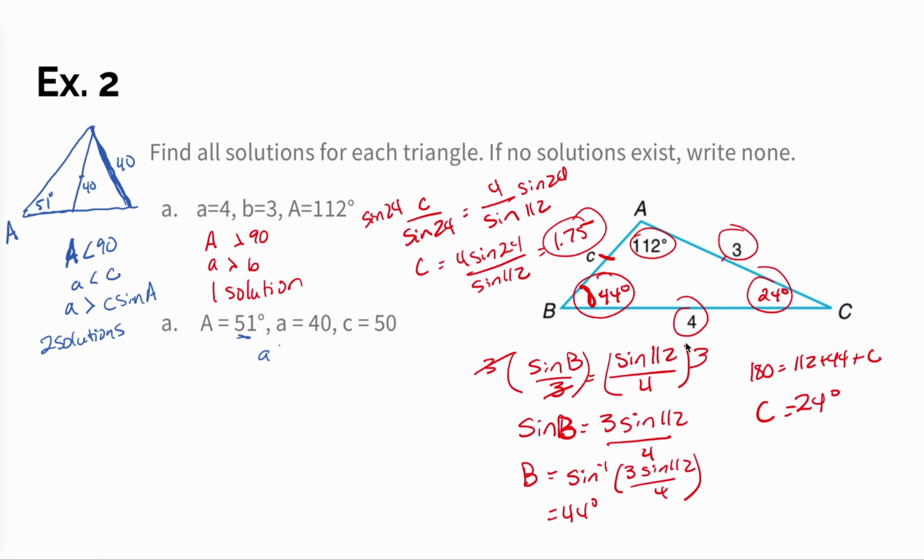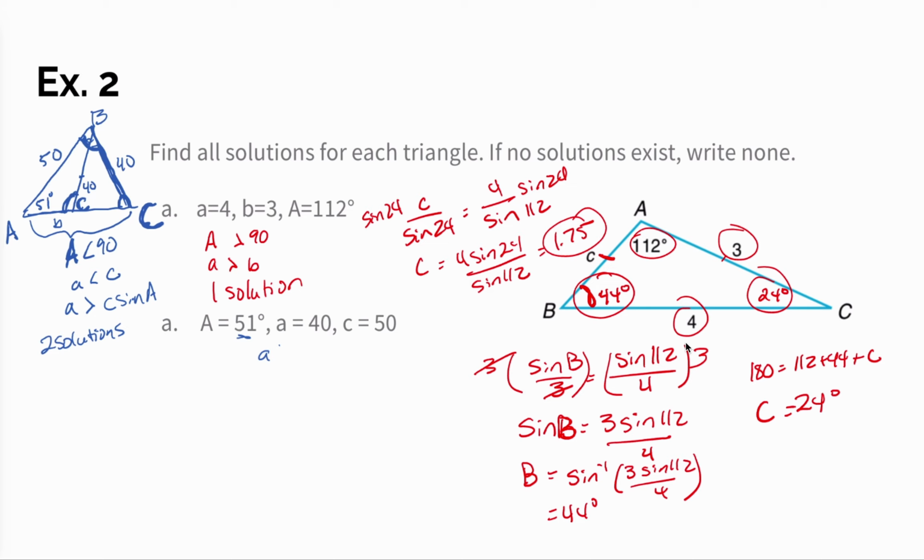We know we've got some side C that is 50. That's got to be this side. So this is angle C. And angle C could be here, or angle C could be here. And then this is side B, or angle B, which could be either this little angle or could be the whole thing. And then side B could be this, or side B could be the whole thing.